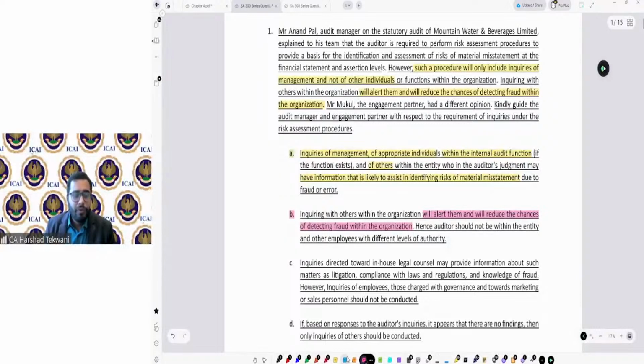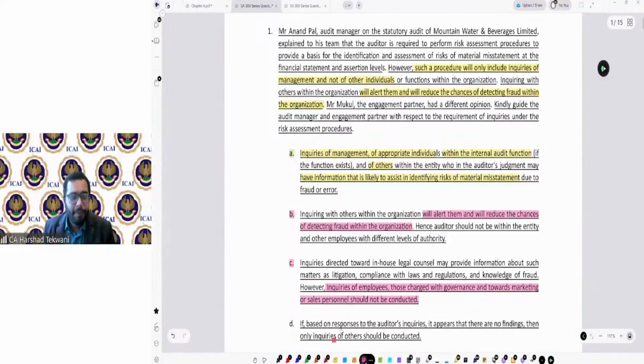Third, inquiries towards the director's legal counsel and auditor are fine. However, inquiries of employees, those charged with governance and marketing or sales personnel should not be conducted. This is again incorrect. Those charged with governance will definitely give you good oversight of how they are fulfilling the requirements. So that's why this is also incorrect.